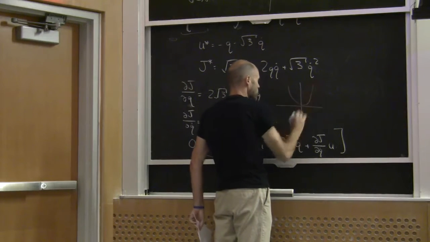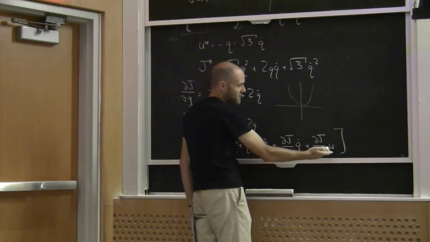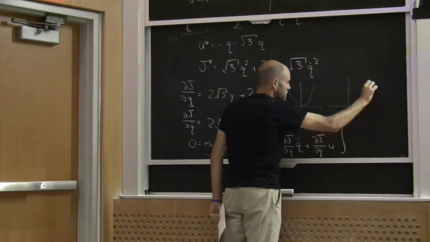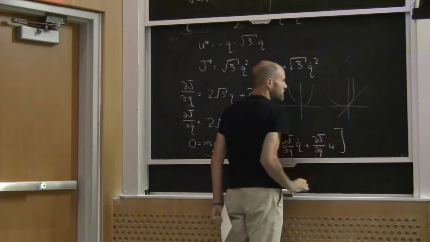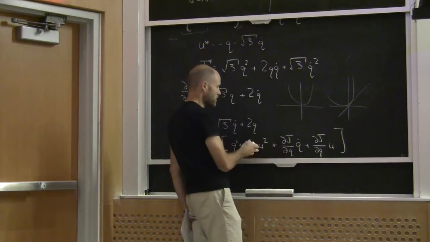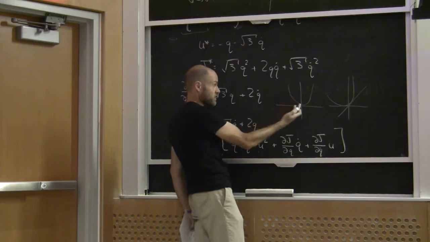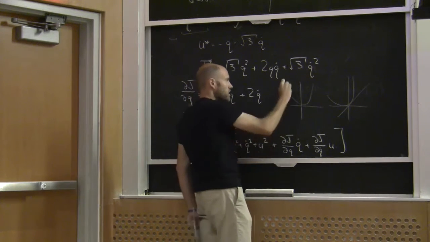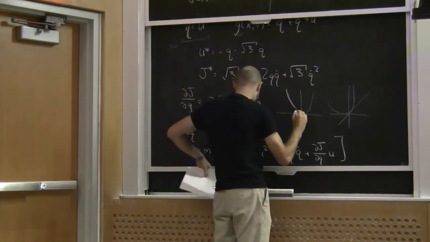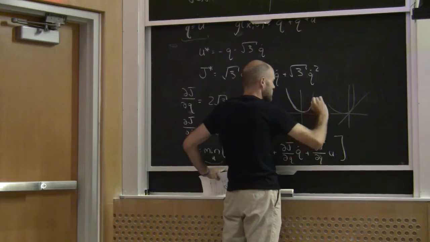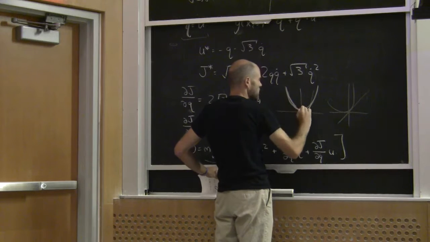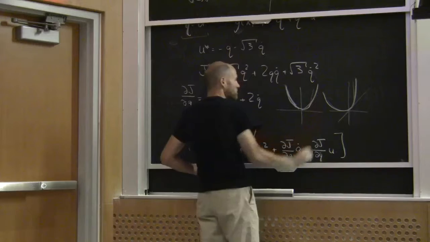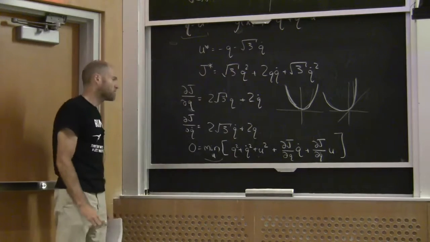If I add a linear term to it, I can slant the parabola, but it's still a parabola, and it's pointing up because that's a positive number. So it's a convex function.